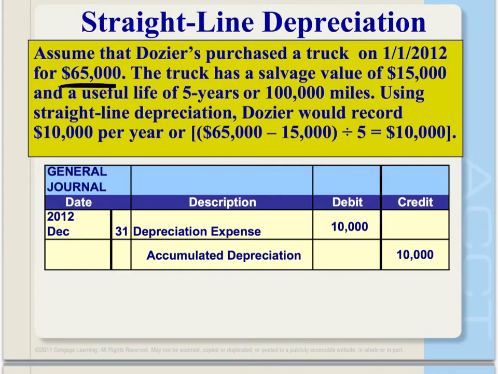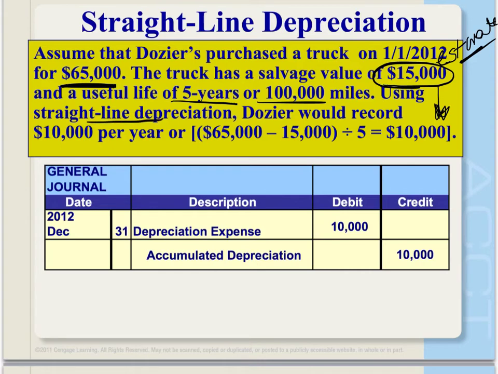The truck has a salvage value of $15,000, so that means that we're estimating that at the end of 5 years, which is the life, or 100,000 miles, the truck will be worth, we think, $15,000. We don't know, this is an estimate. Sometimes a company uses salvage value, sometimes they do not. If they don't use a salvage value, then it would be 0 in our calculation.